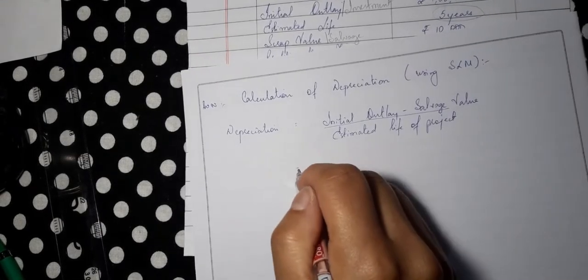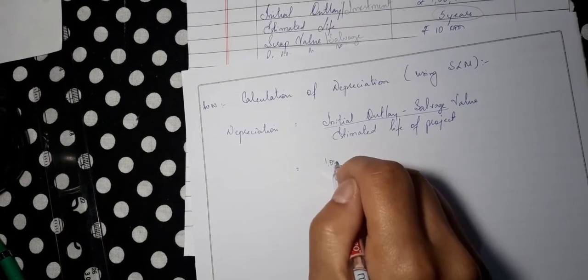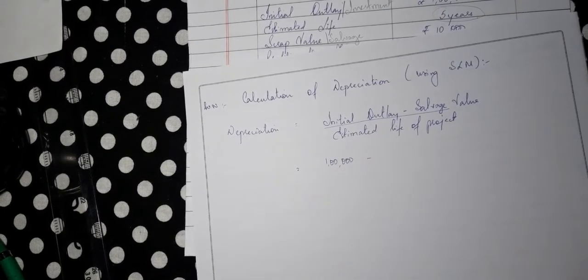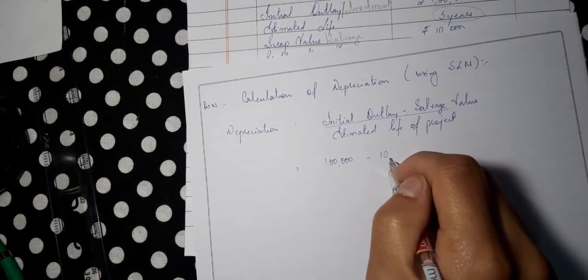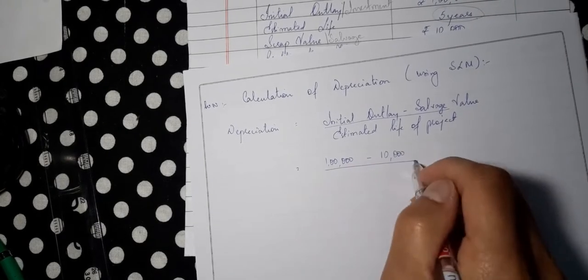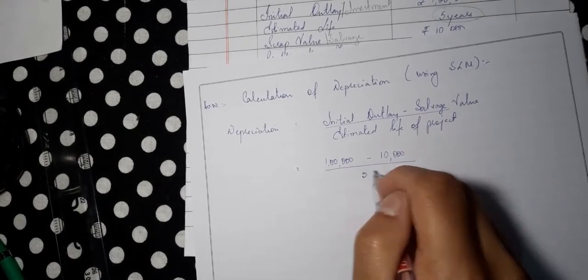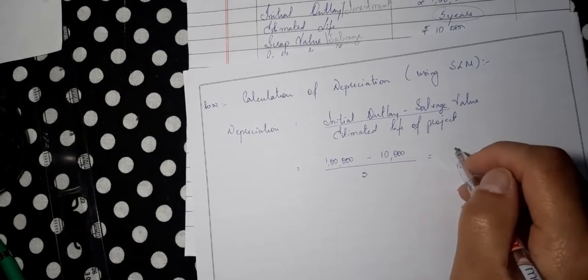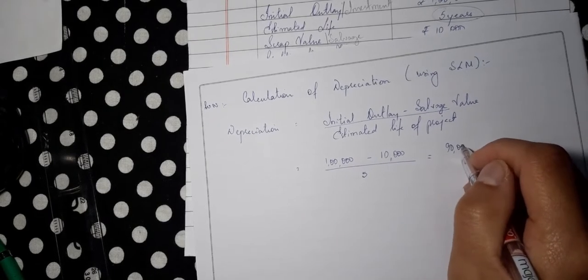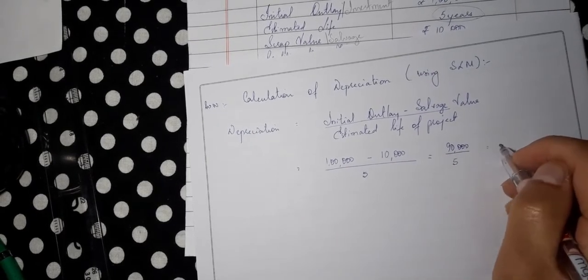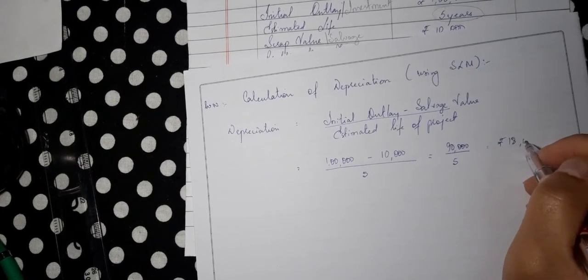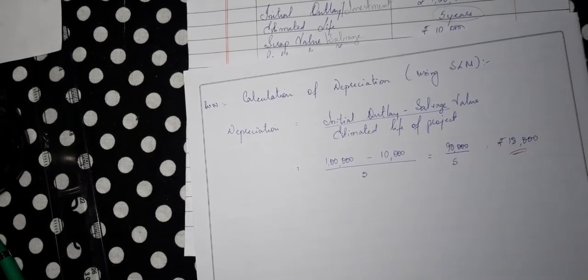So it should be equal to initial outlay of rupees 1 lakh minus salvage value amounting to rupees 10,000, divided by estimated life of the project, 5 years. This equals 90,000 divided by 5, which is rupees 18,000. So we have the value for depreciation.